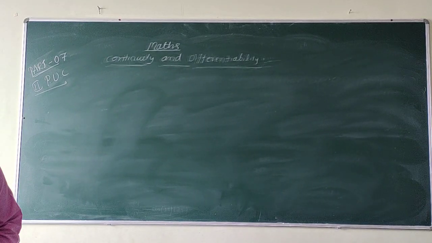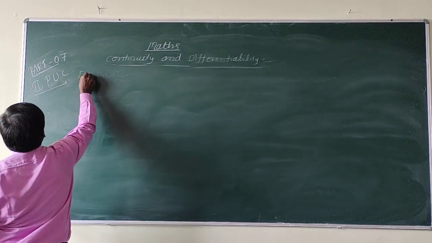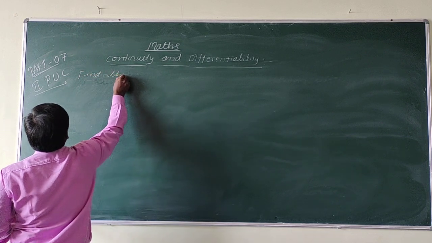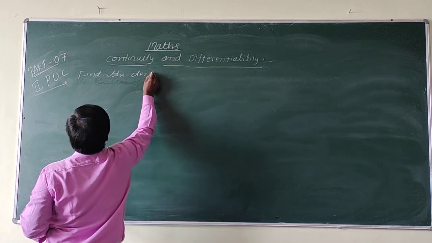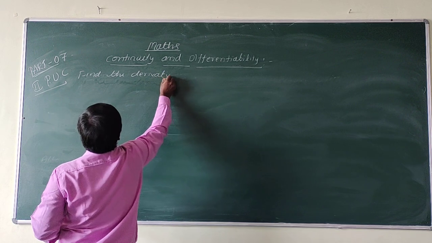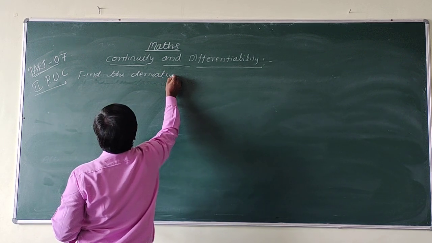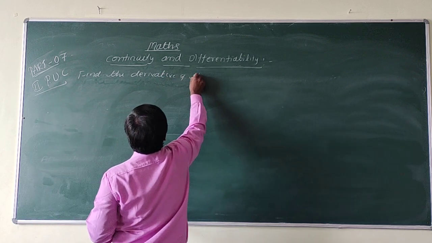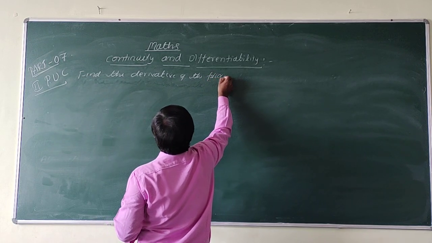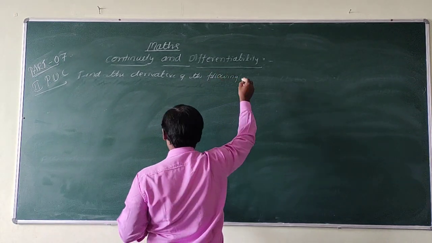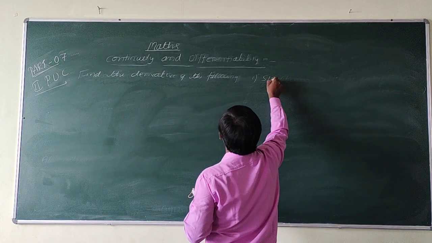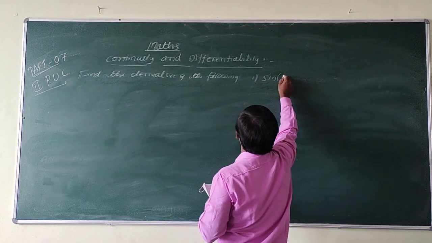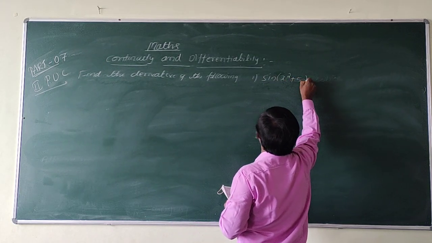Find the derivative of the following. One is sin of x square plus 5.